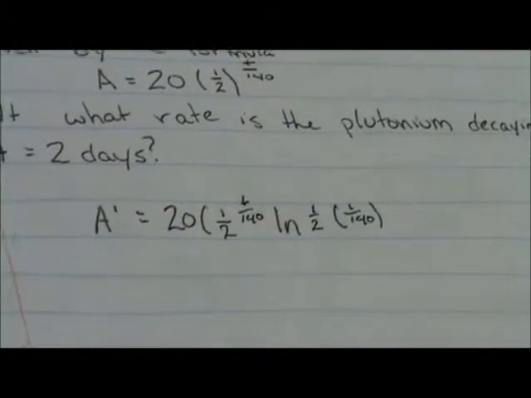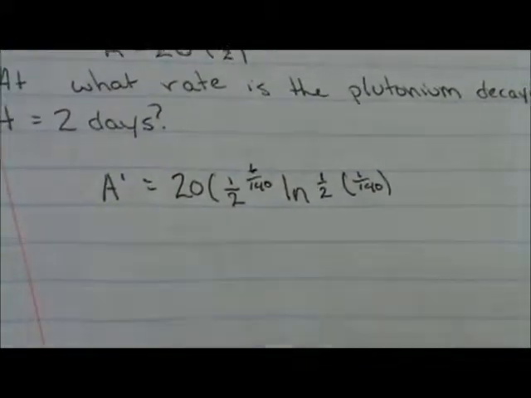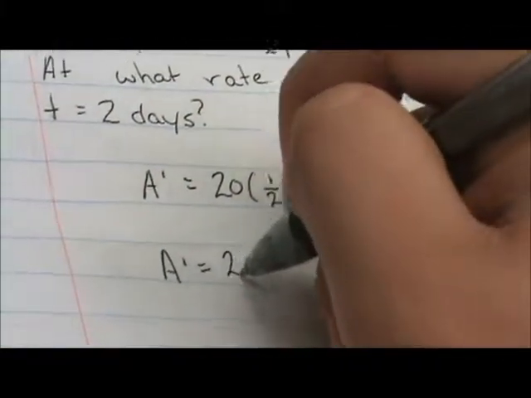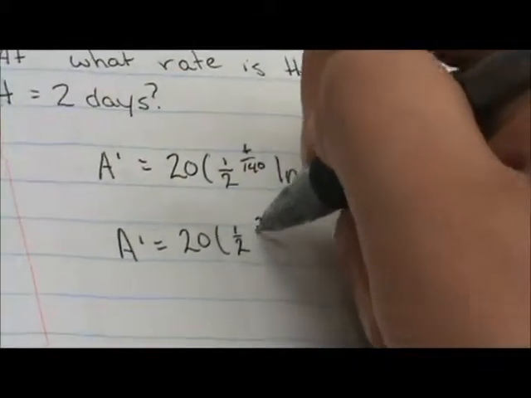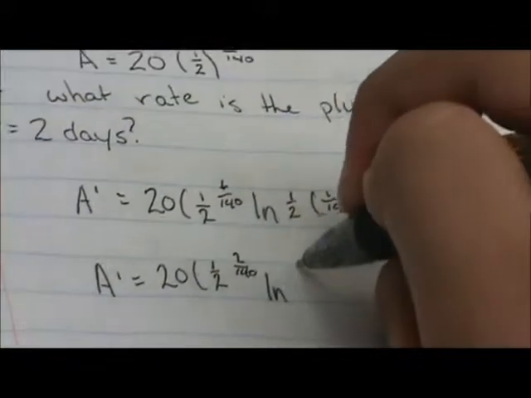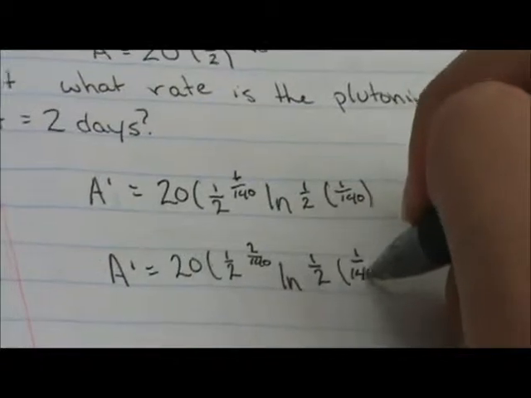Now at this point you're able to start plugging in your T equals 2 days, so you get A prime equals 20 times 1/2 to the 2 over 140 times the natural log of 1/2 times 1 over 140.